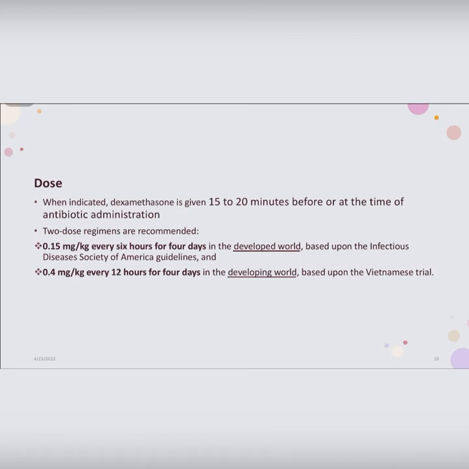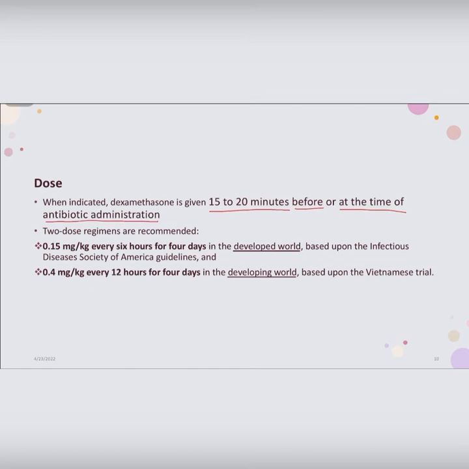If we administer Dexa in bacterial meningitis, dexamethasone should be given 15 to 20 minutes before or at the time of the antibiotic administration.